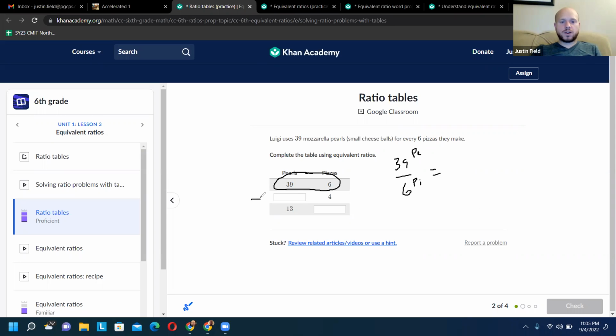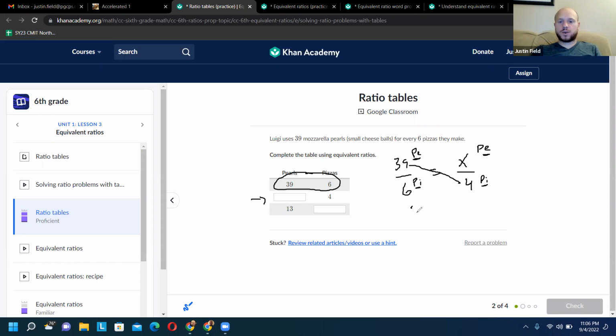Now in the second row, we know 4 pizzas, so I'm gonna put that as the denominator, but we don't know the number of mozzarella pearls that are needed, so we're gonna call it x. All right, so it'll work out as long as our unit in the numerators is the same and our unit pizzas in the denominators is the same.